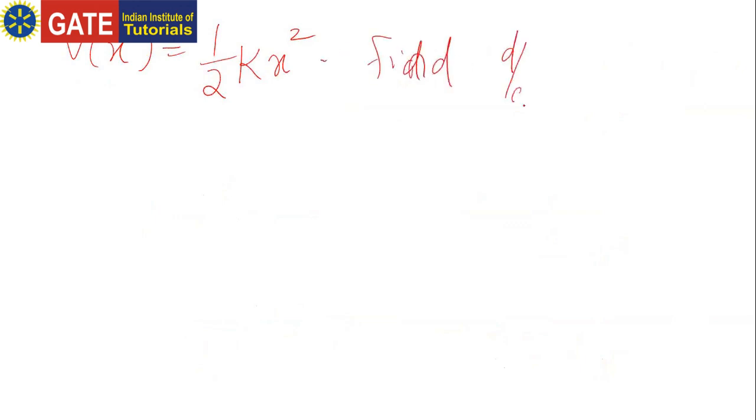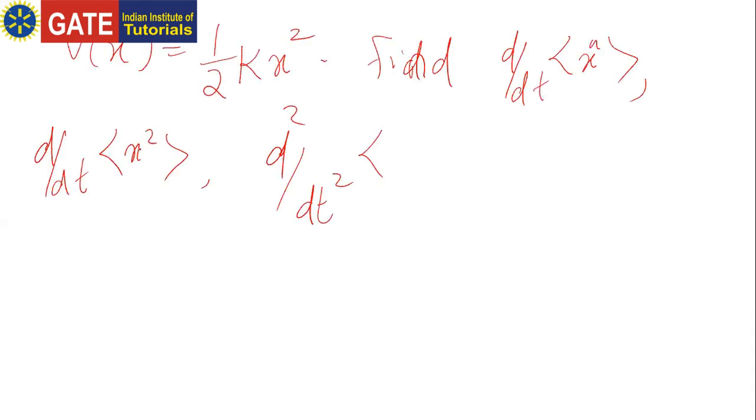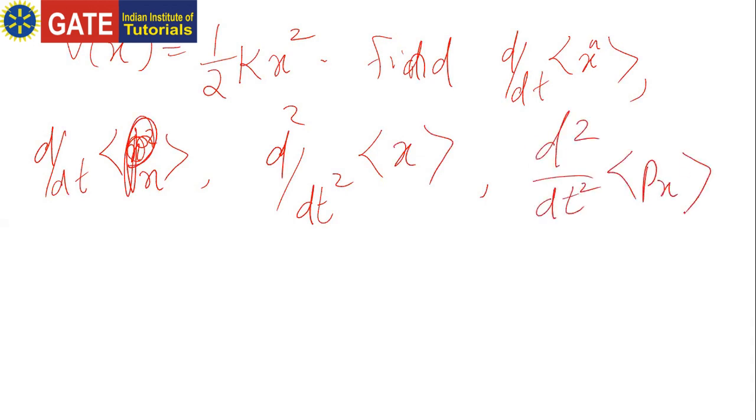Find d by dt of expectation x, d by dt of expectation x square, d by dt of expectation px, d square by dt square expectation x, and d square by dt square expectation px.